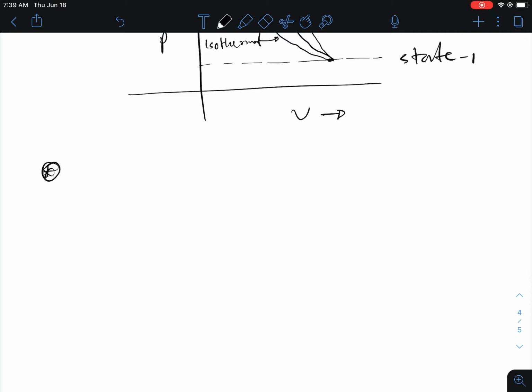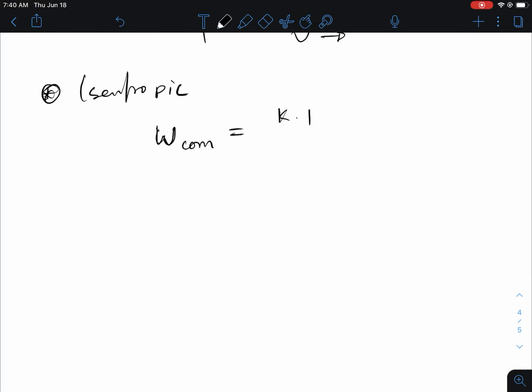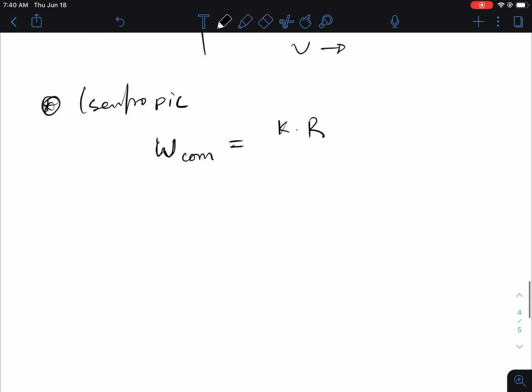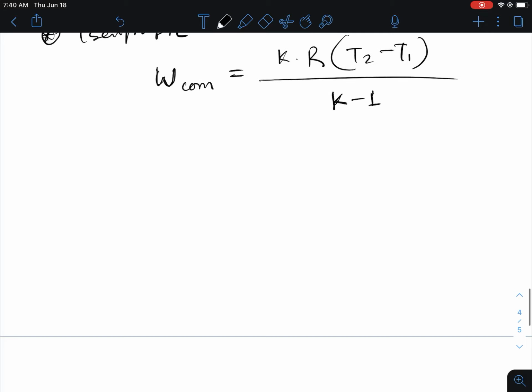For example, if the system is isentropic, then the work consumption of a compressor would be k times R times (T2 minus T1) divided by (k minus 1). Here k is the specific heat ratio and R is the gas constant, and T2 minus T1 is the final and initial temperature.